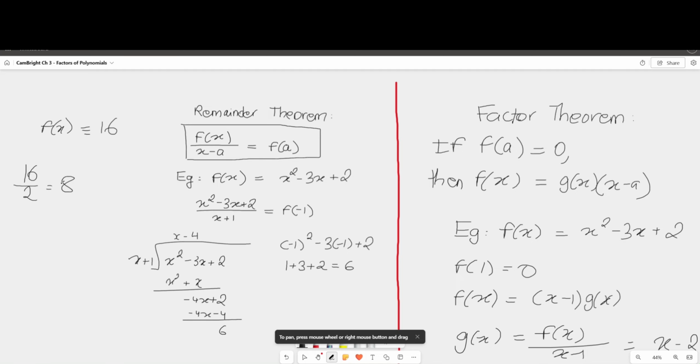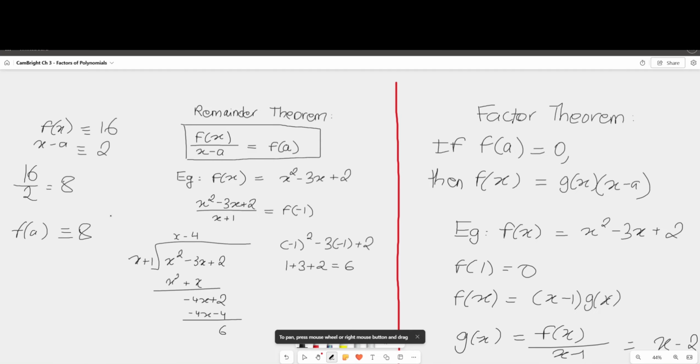So we can say x minus a is the 2, and f of a will be 0 here because this is 8, remainder 0. So essentially f of a is just the remainder.